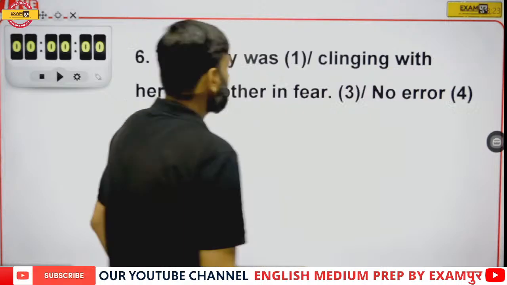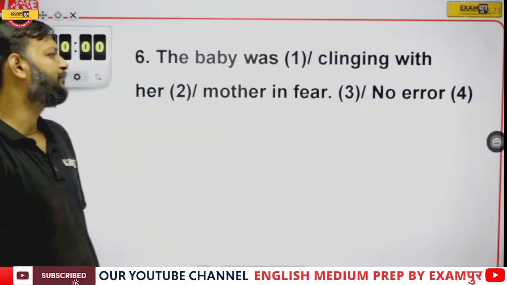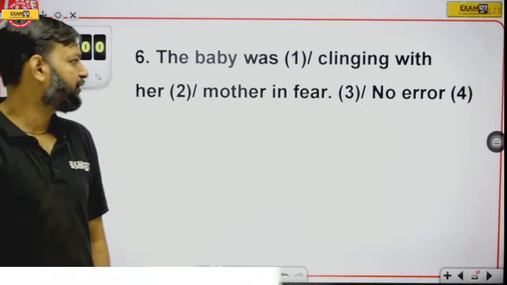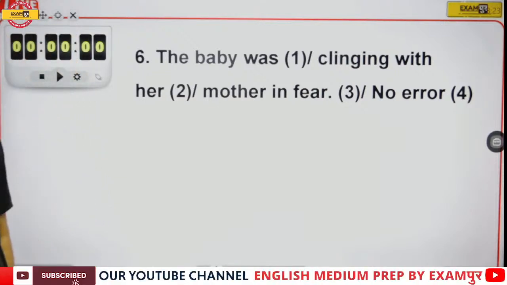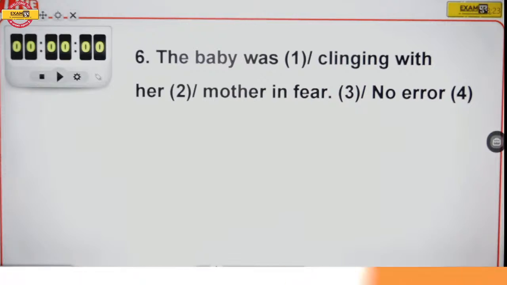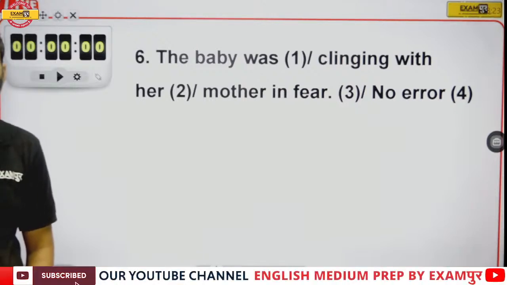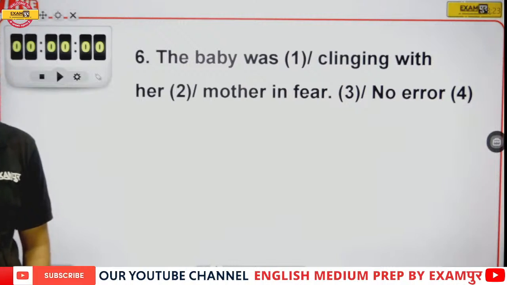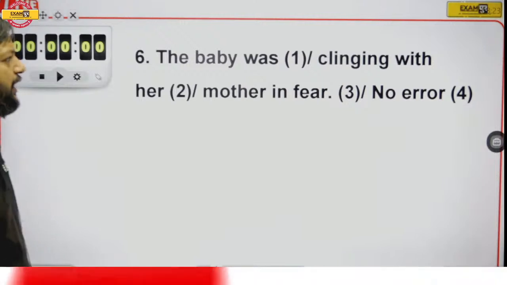Okay, now the next one. The baby was clinging with her mother in fear. What is the error in this sentence?